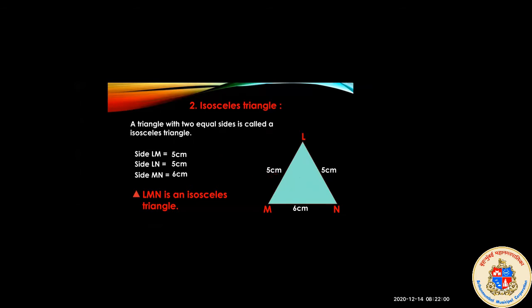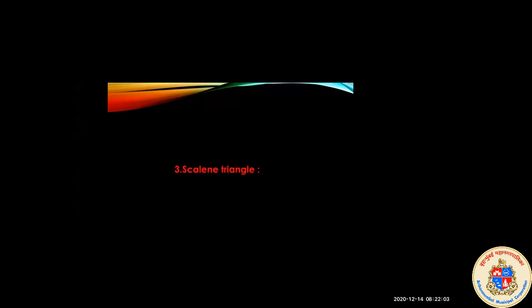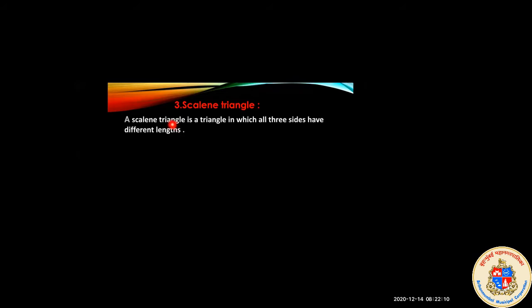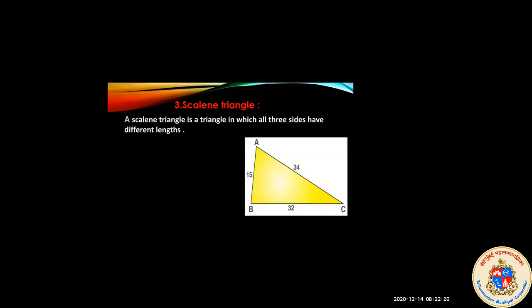Now the third will be the scalene triangle. What is a scalene triangle? A scalene triangle is a triangle in which all three sides have different lengths. Now, there is a triangle given, triangle ABC. Side AB, side BC, and side AC have measurements, but all the measurements are different.